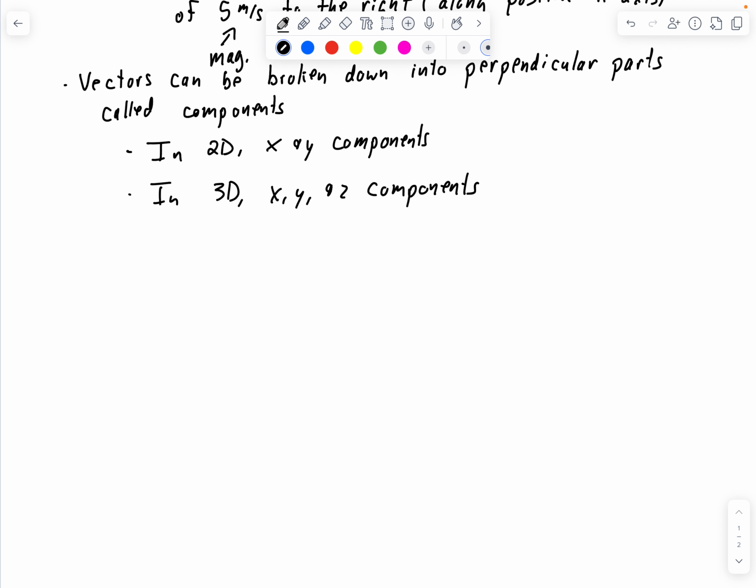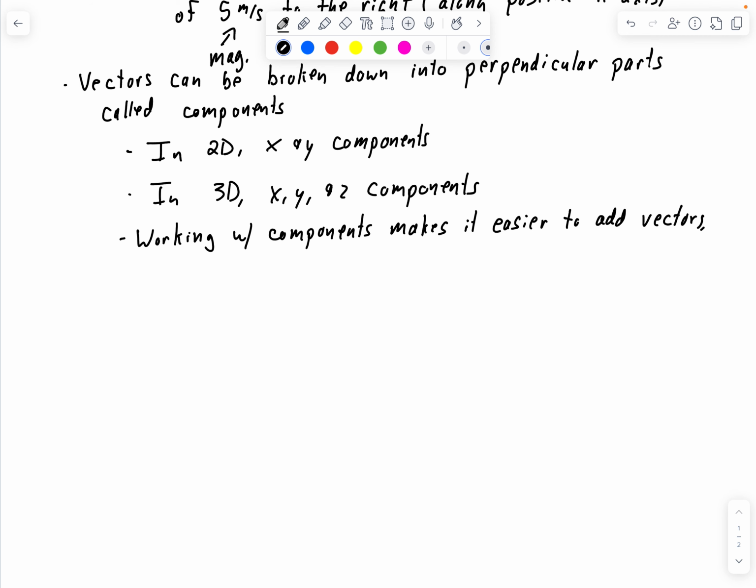Well, working with components makes it much easier to do things like add or subtract vectors, apply Newton's laws, etc.